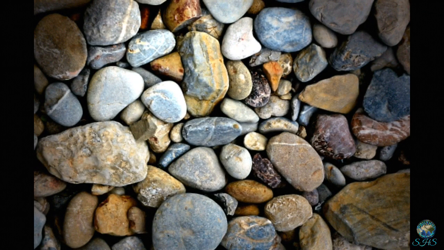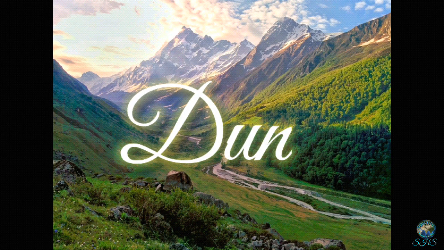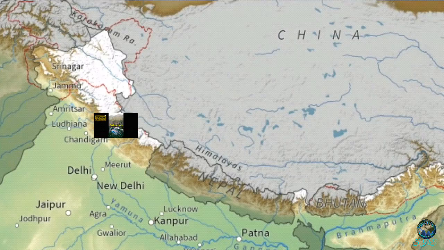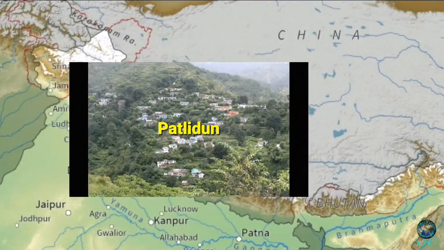These parts consist of thick gravel and alluvium. Dunes. The valleys between the lesser Himalaya and Shivalik ranges are called as dunes. The prominent dunes are Dehradun, Kotli Dune, Patli Dune.